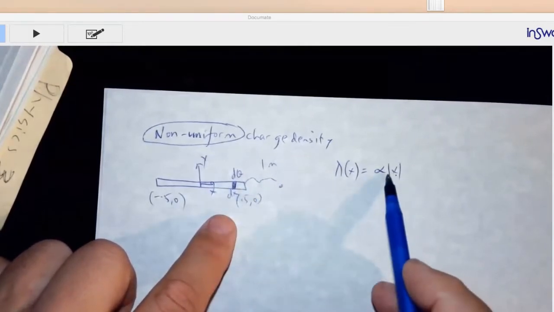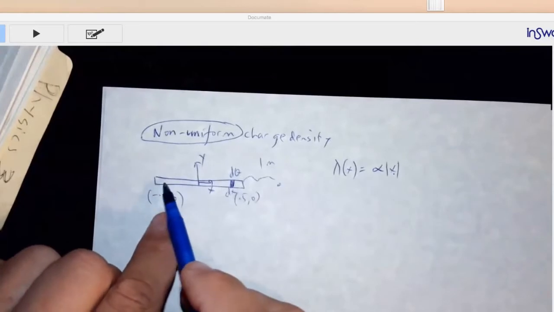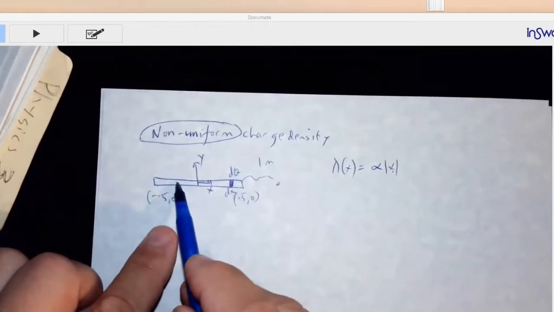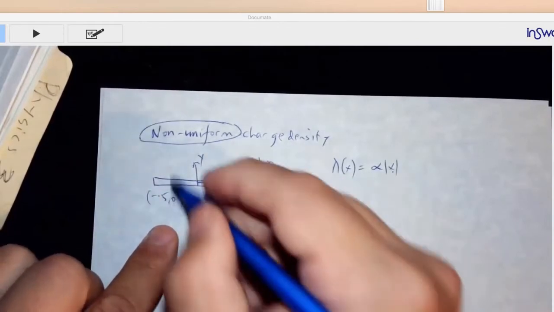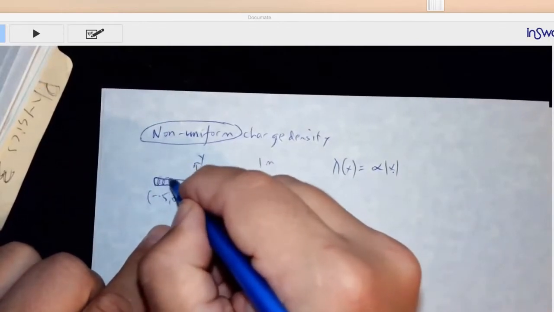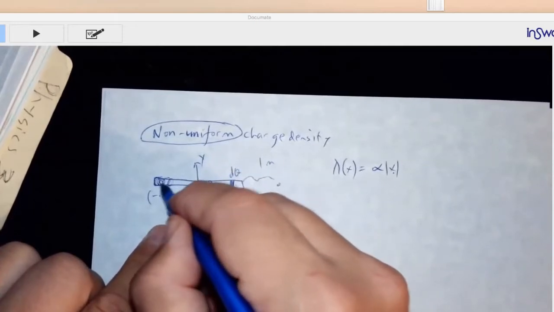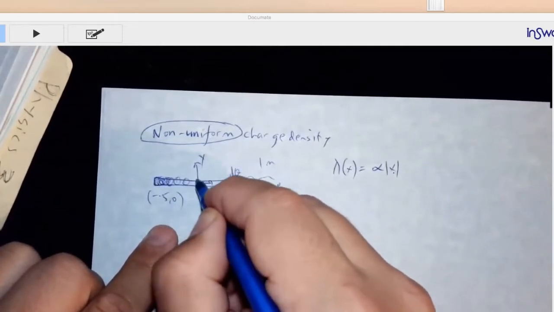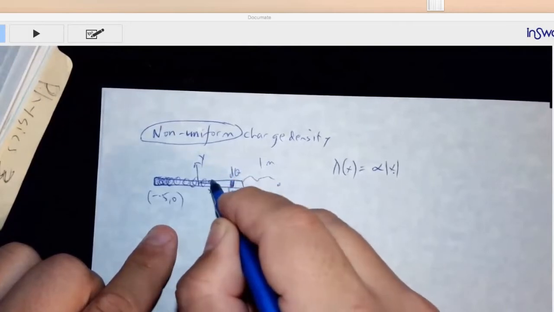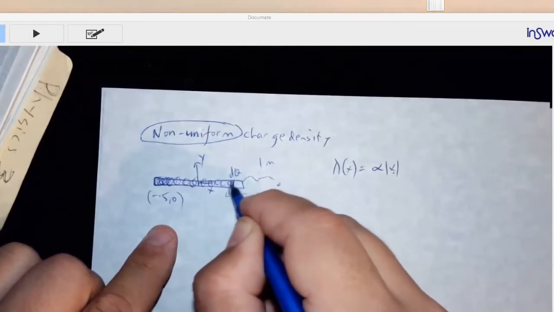And then absolute value would mean the other side is symmetric. So if you go here, this point has twice the charge here. So this can kind of mimic our rod. You see, more charge here, almost no charge here in the center. Then you go like this.